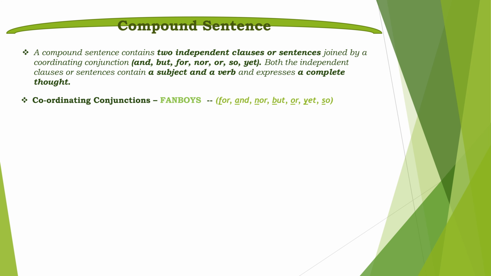We have coordinating conjunctions: for, and, nor, but, or, yet, so. Now let's have a look at this sentence.